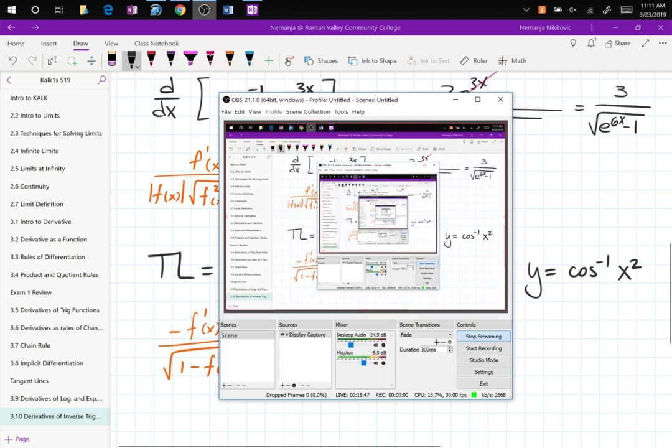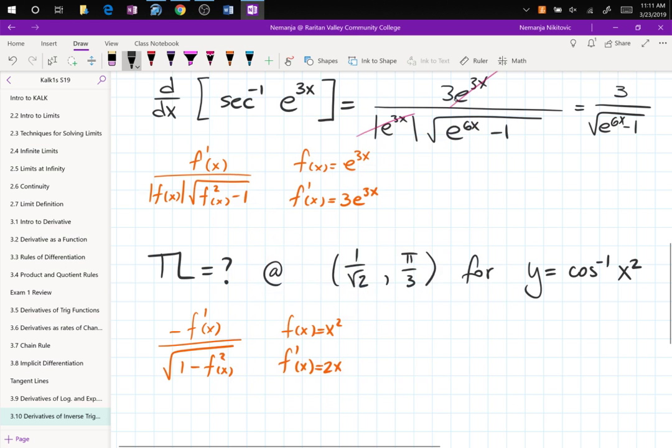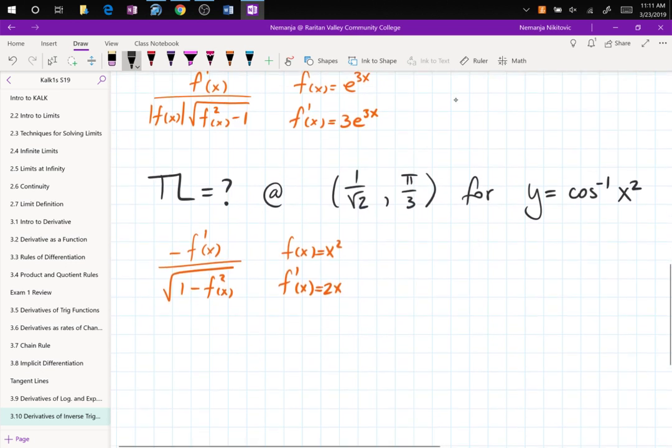Is this going well? Yeah. Okay. So the derivative dy dx is going to be negative 2x divided by the square root of 1 minus x to the fourth.